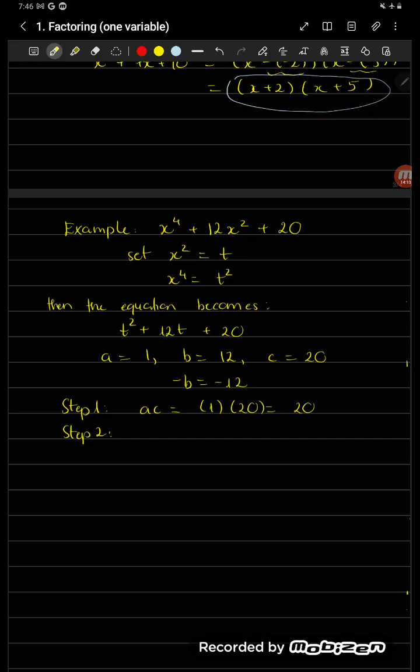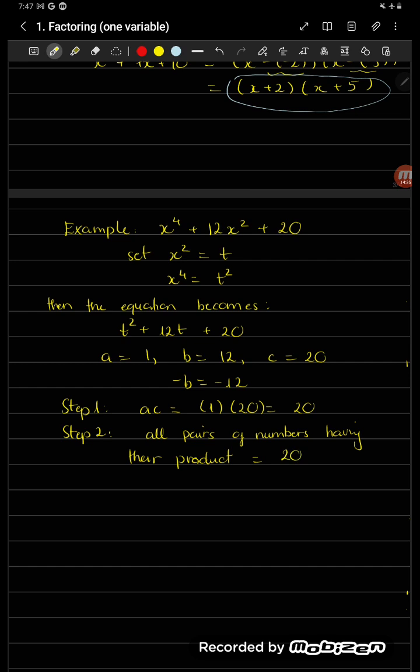That product equal to AC. List all pairs of numbers having their product equal to 20.